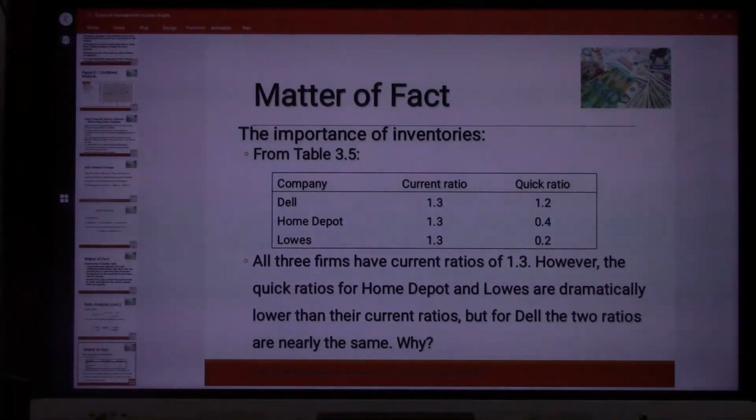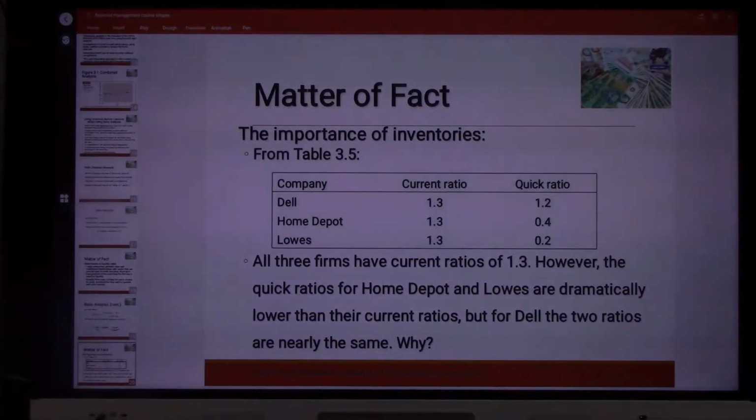When we calculated the current ratios for these firms, we could conclude that the current ratio for the three firms equals 1.3. This is a reflection that all of those firms have the same liquidity position regarding their short-term liquidity.